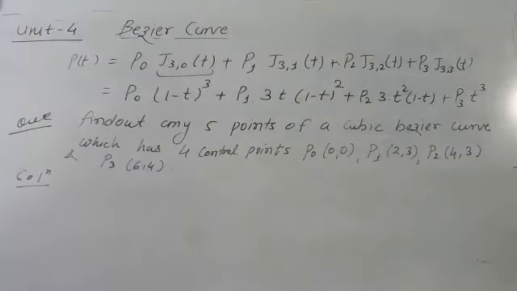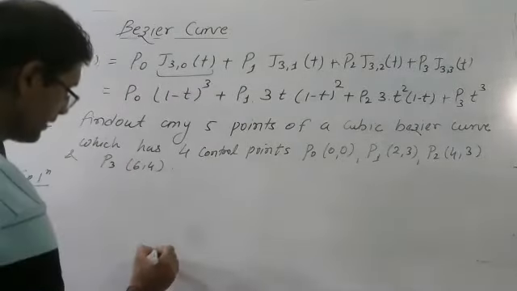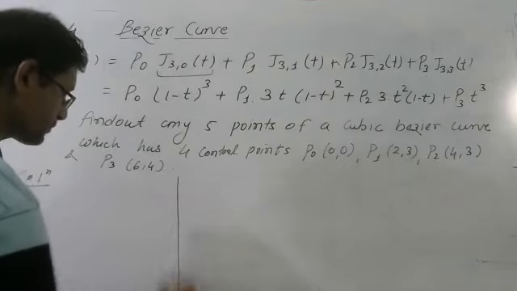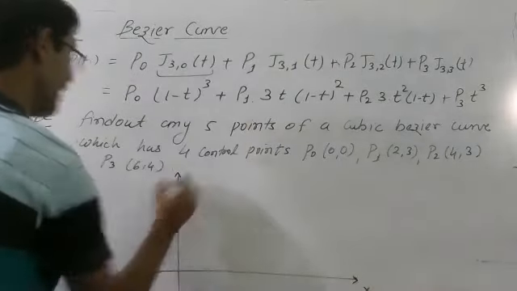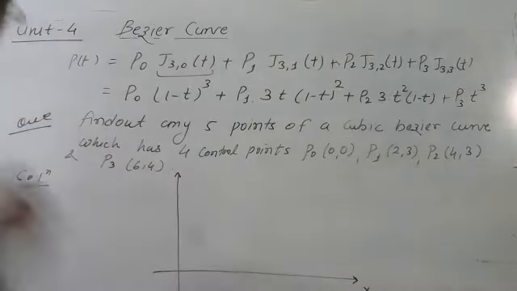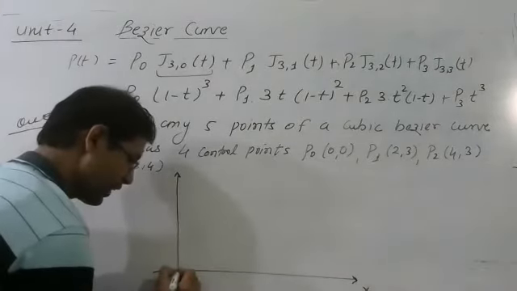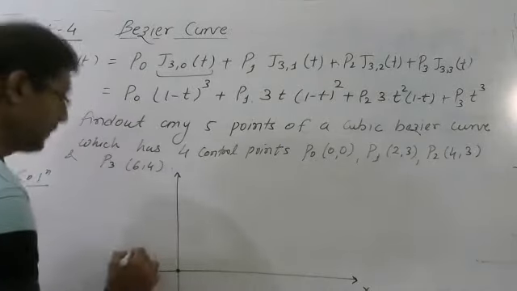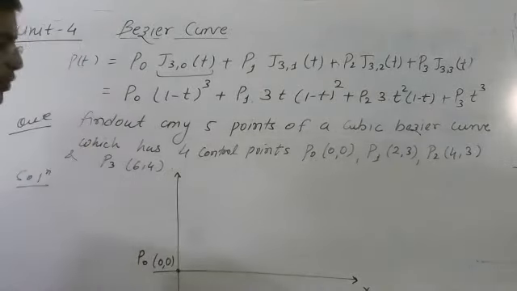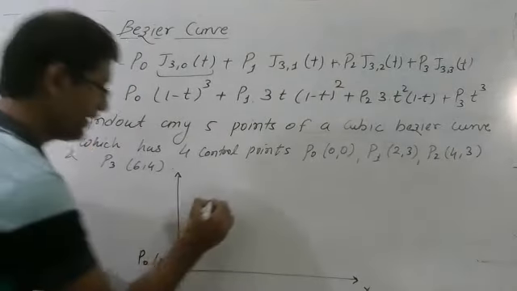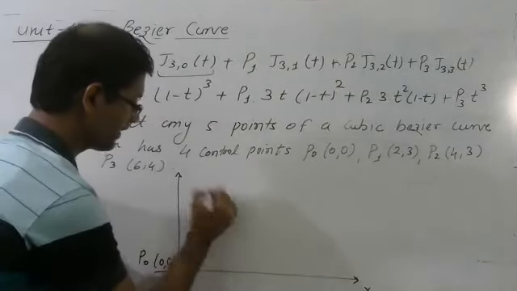We can draw this. Suppose this is your x-axis, this is your y-axis. The question is saying there is control point P0 at position (0, 0). The second control point is (2, 3), suppose it is somewhere here.